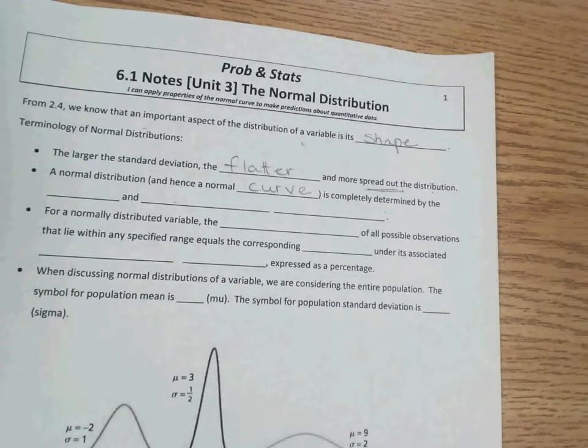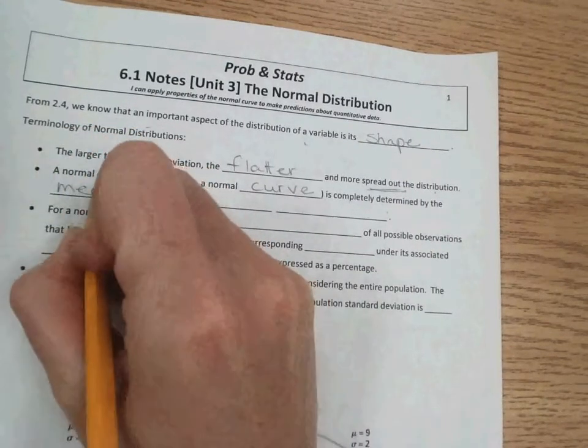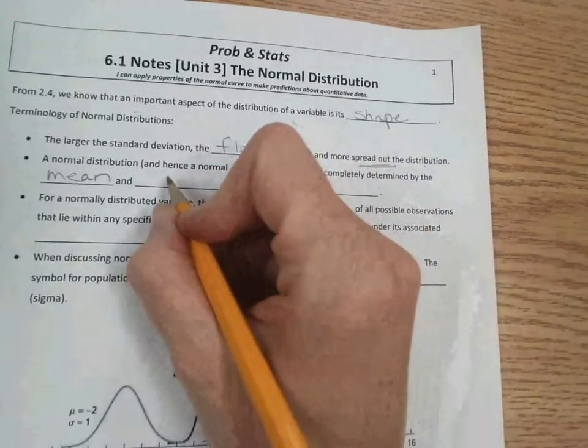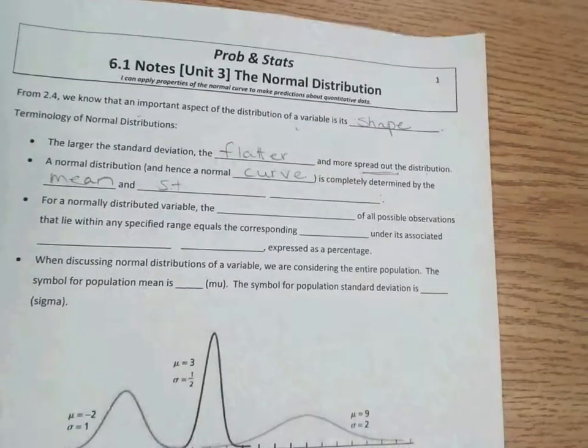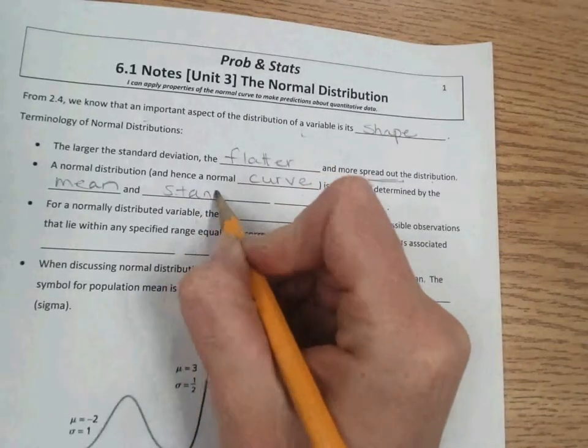When you made that horizontal line and you marked something in the middle, what was it? The mean. And then when you counted out 1, 2, and 3 standard deviations.